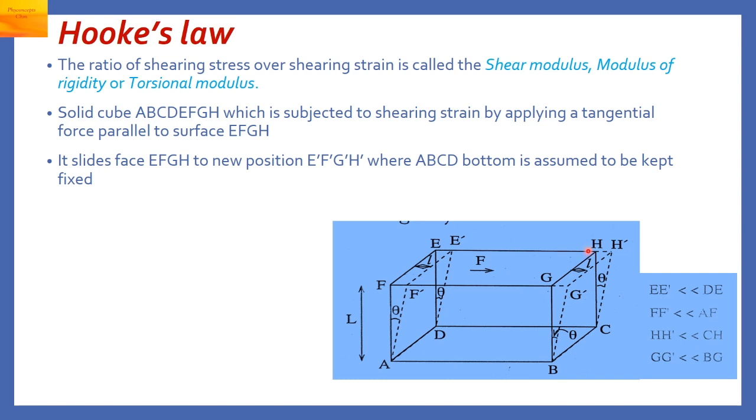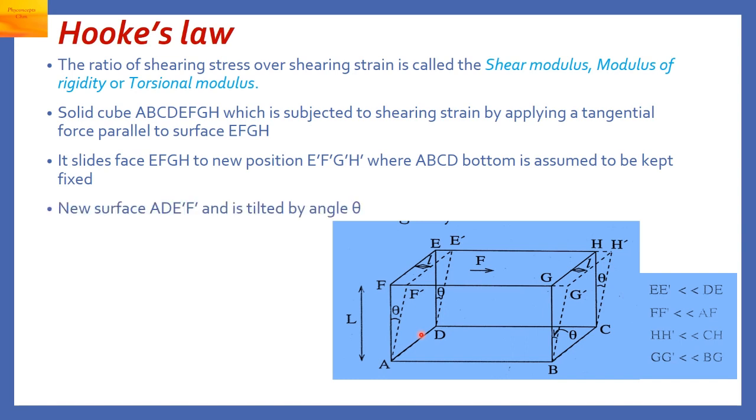By the application of this tangential force, the face EFGH will slide to a new position, that is E dash, F dash, G dash, H dash. Here the bottom surface, that is ABCD, is assumed to be kept fixed. Only the upper surface will move.